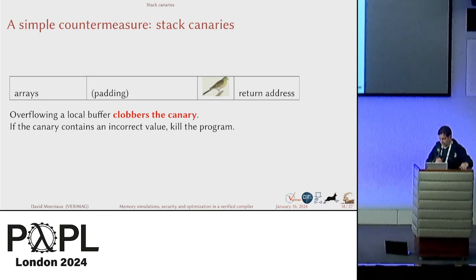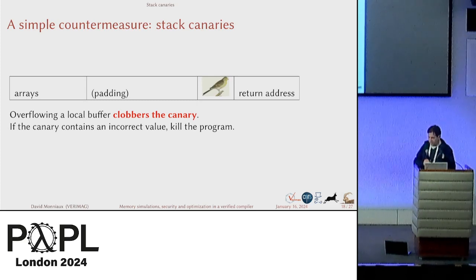And when you start executing a function that could be attacked, you put the value just before the return address, or at least somewhere after the local variables. And if the attacker manages to clobber the return address, typically they have to do it by clobbering continuous areas of memory. So it will clobber the canary, and if the canary contains an incorrect value when you exit the function, you kill the program.